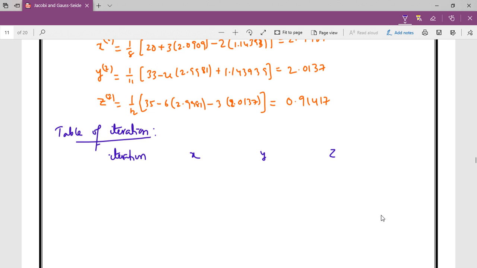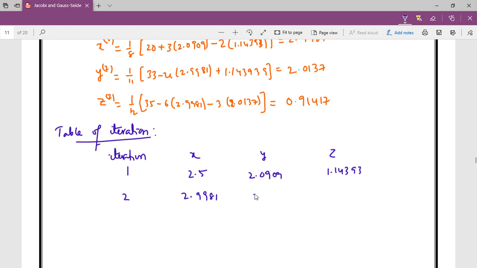So already we have so far obtained the two iterations. The first iteration, what is the x value? It is 2.5, y value 2.0909 and z value 1.14393.